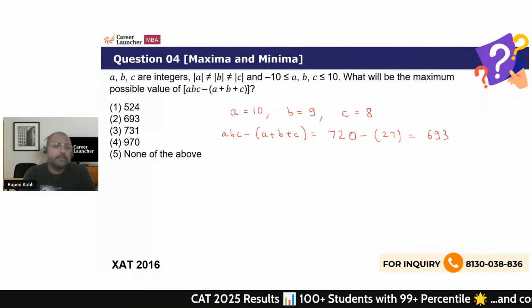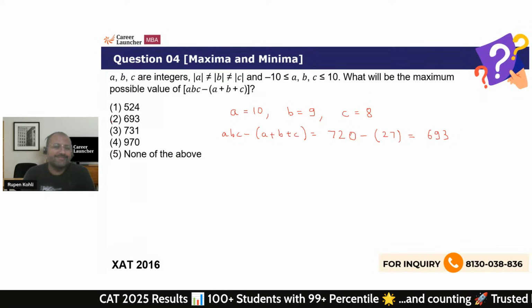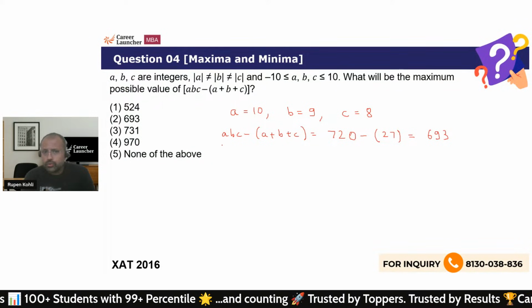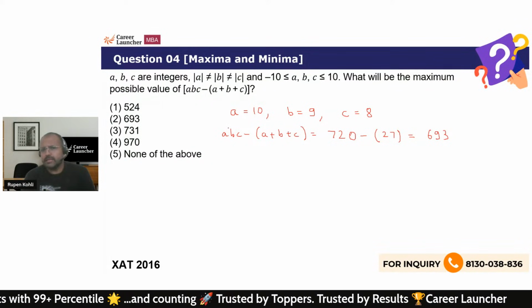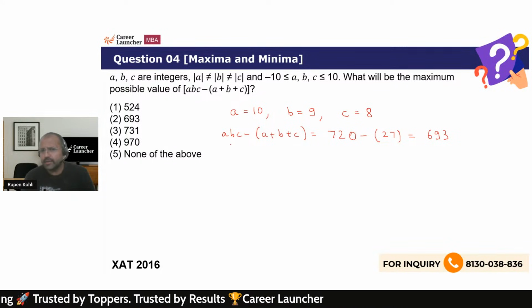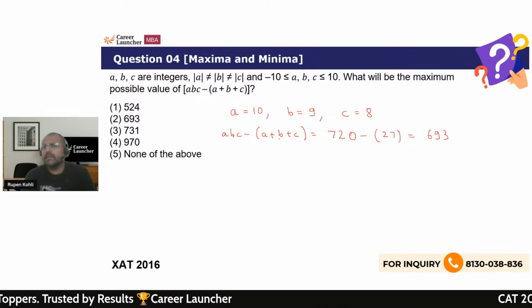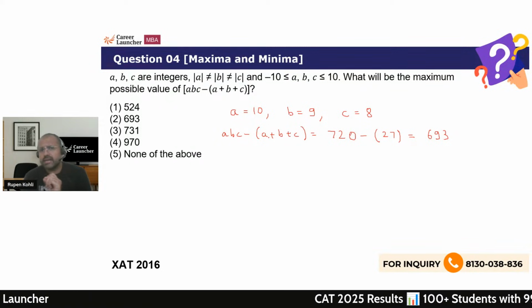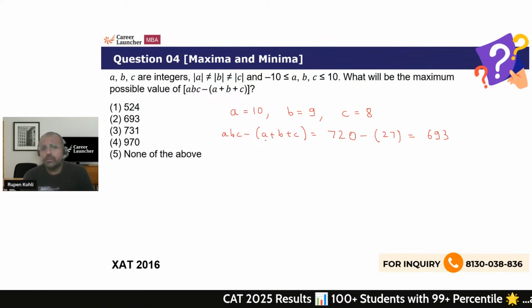But can we do something better? Well, think about this. You don't want to compromise on the value of ABC. You want it to remain 720. Can you do some smart manipulation so that this subtraction actually does you some better job?